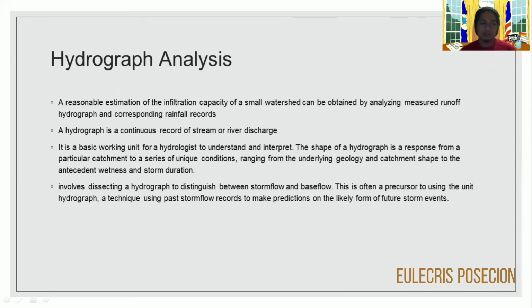It looks somewhat like an earthquake seismograph, and this kind of analysis is used to check the kind of soil where the storm flow is being designated. And as said, it is often used to make predictions regarding the pattern of the storm for future events.